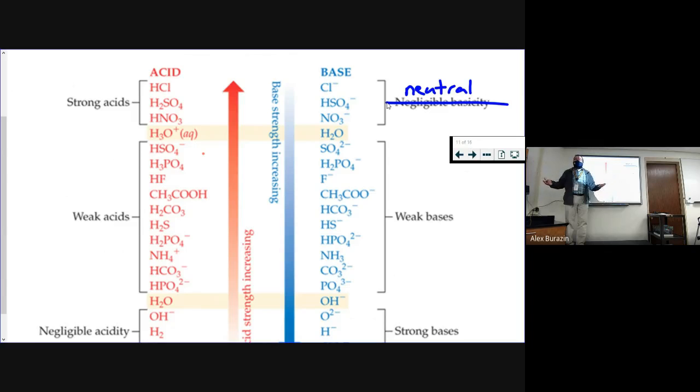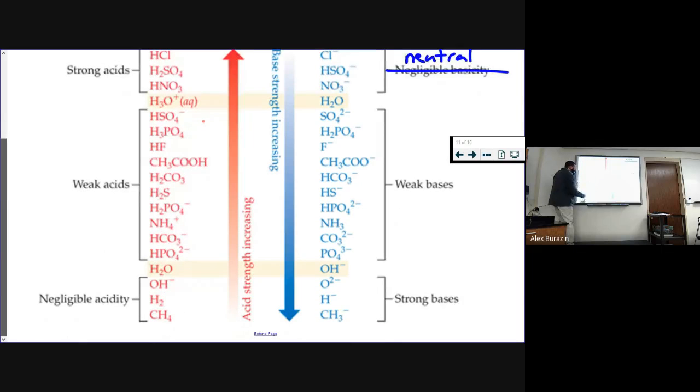But in chemistry, they're not. Strong is one extreme, neutral is the other extreme, and weak is anything in the middle. That sounds very strange, but I need you to internalize that somehow. So here's the deal. Strong, weak in the middle, neutral.